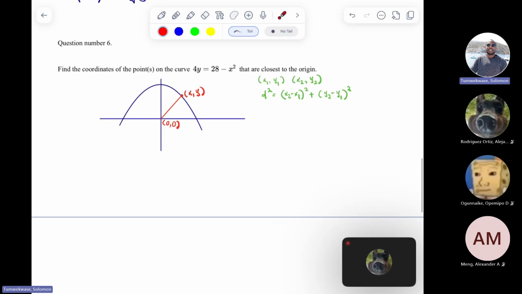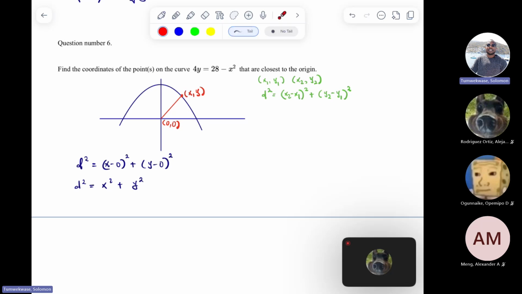So in this case, our x1, y1 is 0, 0, x2, y2 is just x, y. So I have the distance squared is equal to x minus 0 squared plus y minus 0 squared. And this is the same as x squared plus y squared.